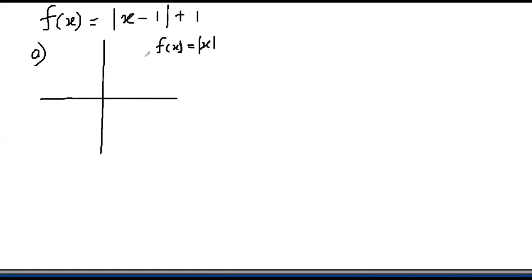Therefore, y equals modulus x. Normally, we can draw this one. This one is y equals x. But this time, we have to consider only the modulus, meaning the positive side, like this. This is f(x) equals modulus x.